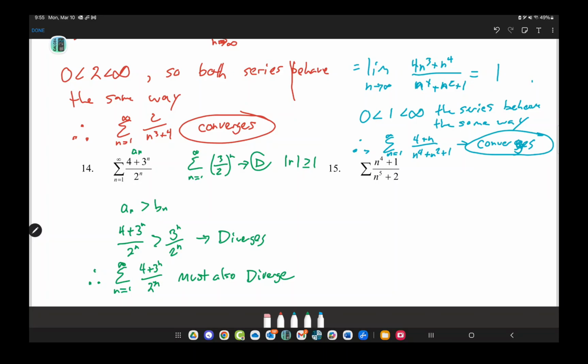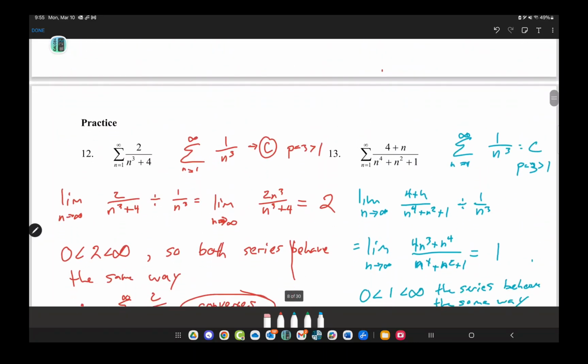The OCT is very easy to do if you can think of a function that will always be less than or greater than your given function. But for number 13, there's no way I can think of a function that will always be less than or greater than this one. So here I would do the limit comparison test.